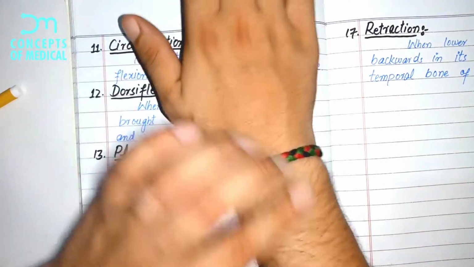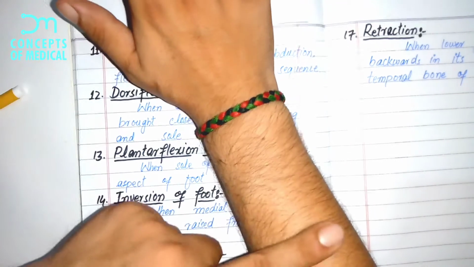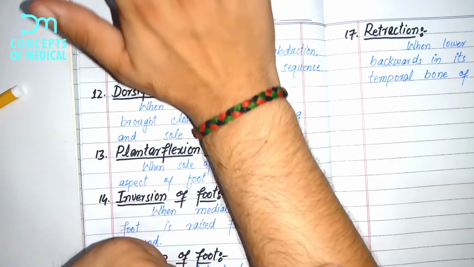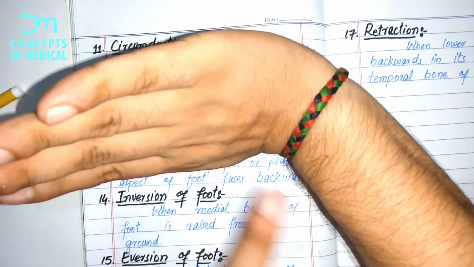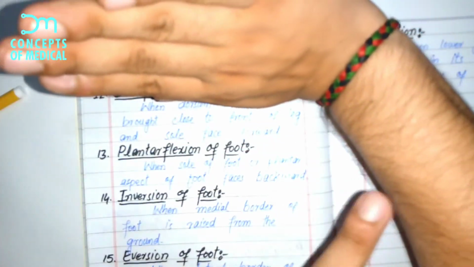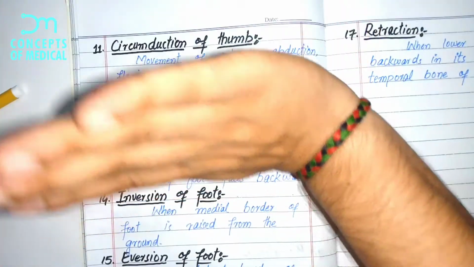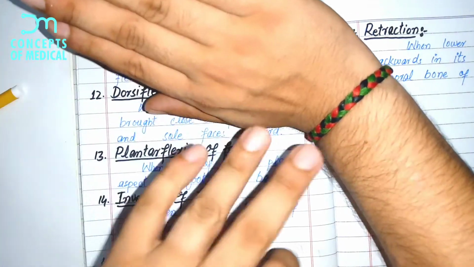So when I bring this dorsum of my foot close to the extensor, to the flexor surface of my leg, this movement is called dorsiflexion of the foot.